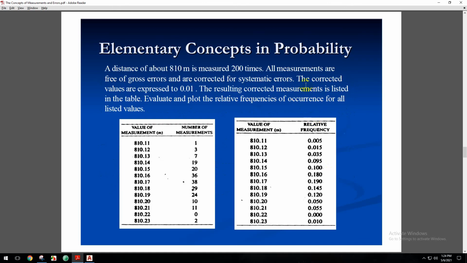So, for example, a distance of about 810 meters is measured 200 times. So, all measurements are free of gross errors and are corrected for systematic errors. So, gi-measure na siya 200 times, wala na kay gross errors, kay nagtinarong na ka og sukod, and wala na siya systematic errors, kay nasakpan na niya mga pattern nga maka-cause og error.